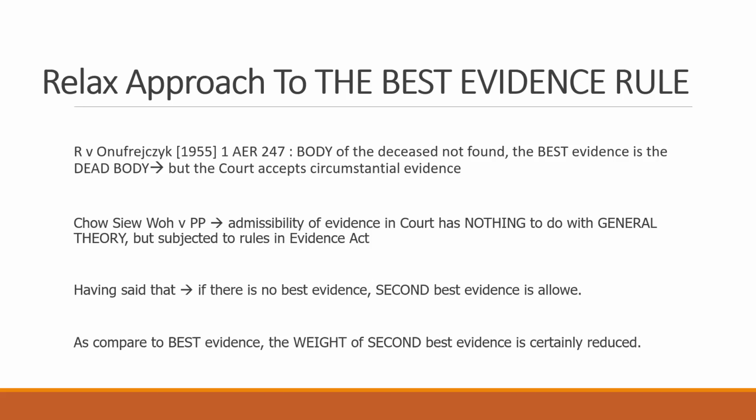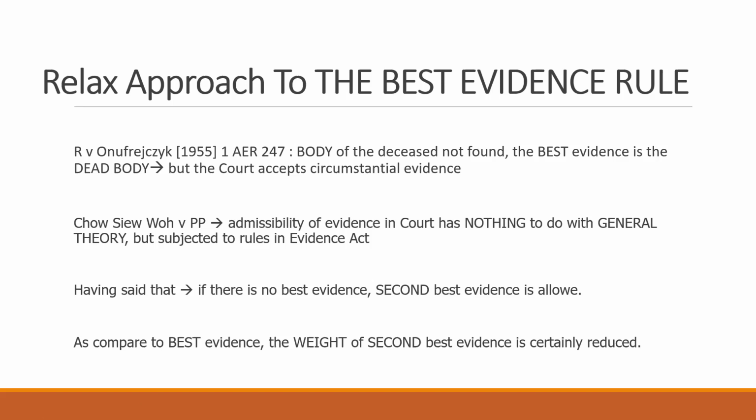This is the post-mortem report and also the photo of the dead body, shall be tendered. But somehow or other, in this case, the body of the deceased was not found, but the court accepts circumstantial evidence. That means to say the family could not find him. They looked for the person for such a long time, and traced everywhere the places that the victim commonly goes, also could not find.